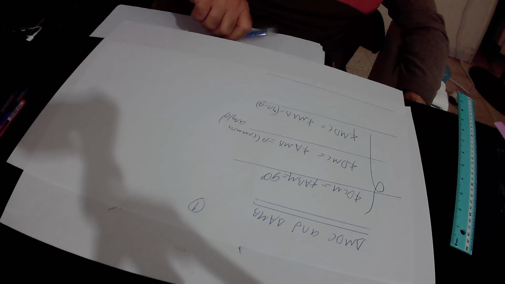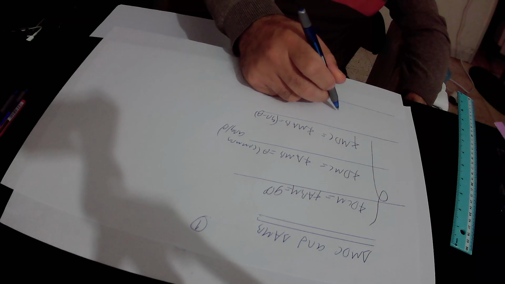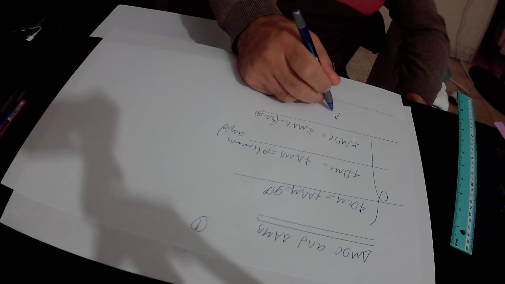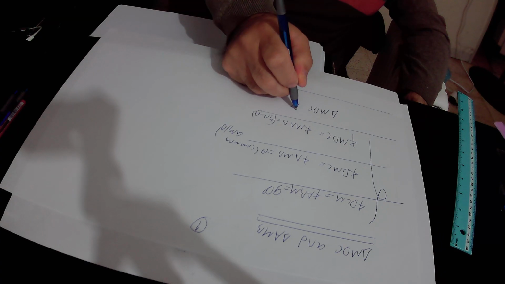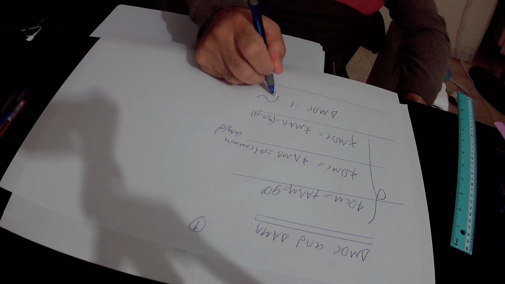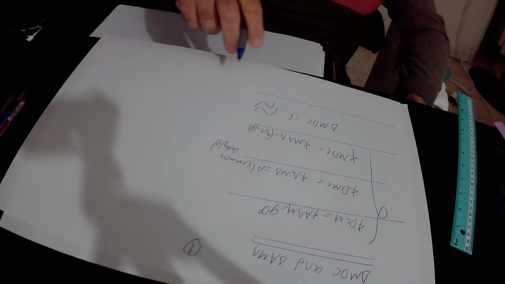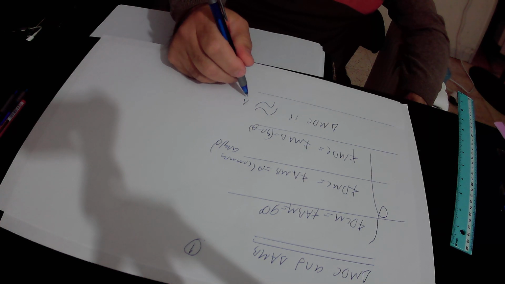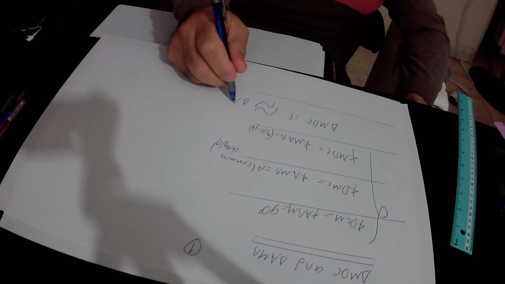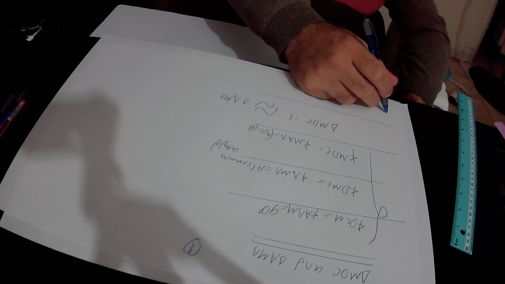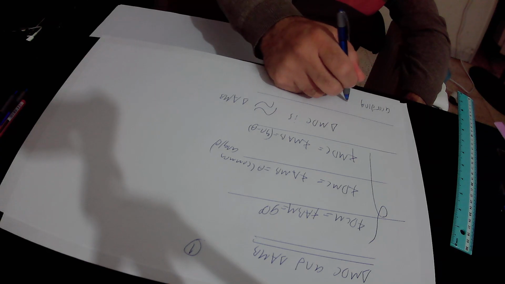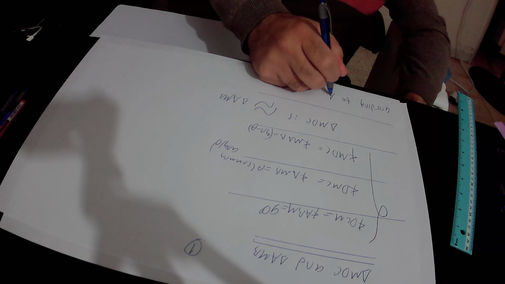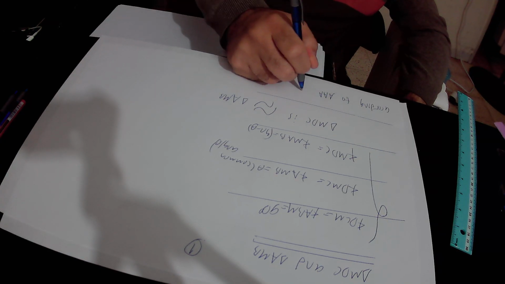Therefore the big triangle MDC is similar (this is the sign of similar) to the small triangle AMB, according to the angle similarity rule.